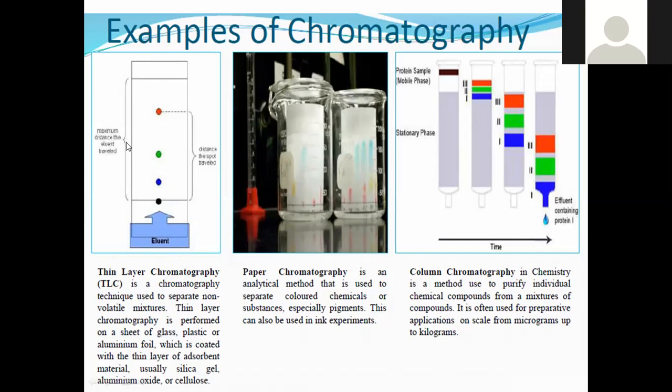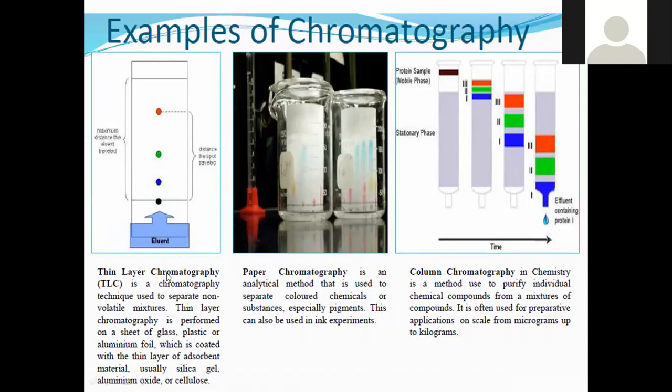So the medium or the thin layer may be glass, plastic or aluminum foil, and it is coated with a layer of adsorption material, such as calcium carbonate or alumina or silica gel. Then the sample to be separated is loaded at the bottom, and then it is dipped into a solvent. Due to the difference in their mobility or speed or adsorption or partition coefficient, they are separated from one another, and then they are removed.